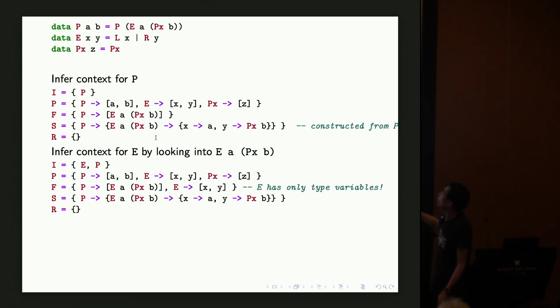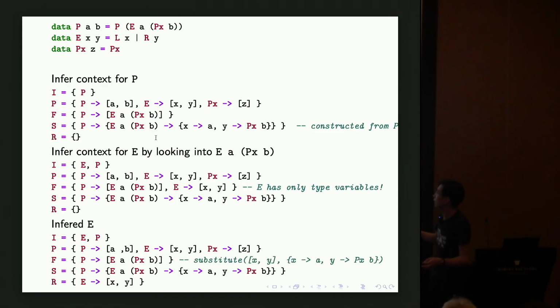And next, we can't do anything because we haven't inferred E. We put E into this I. And we put all the fields of E, which are this X and this Y, into this F. And E only has type variables. So the inference terminates here for E. So we will put it into the result here.